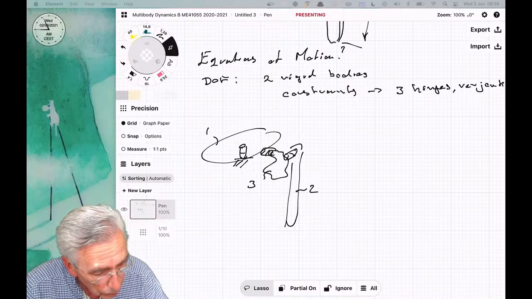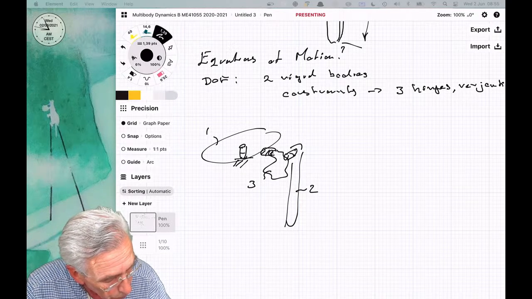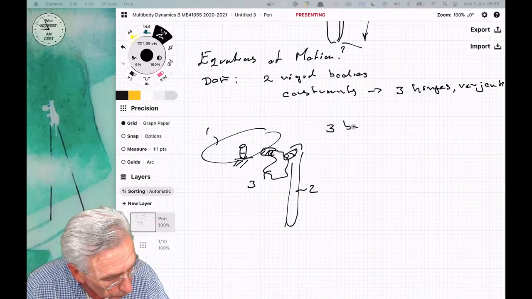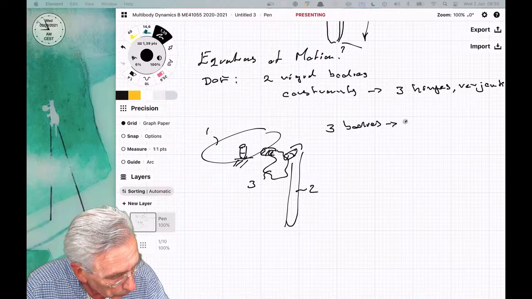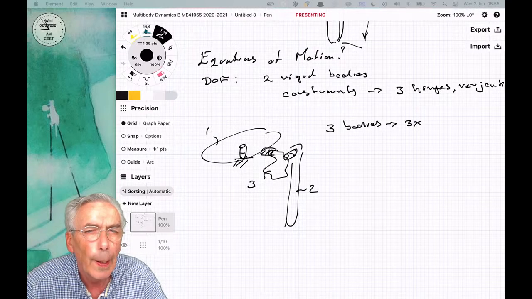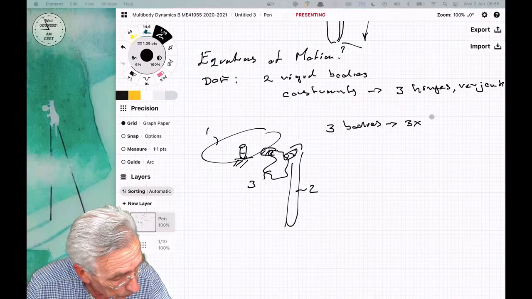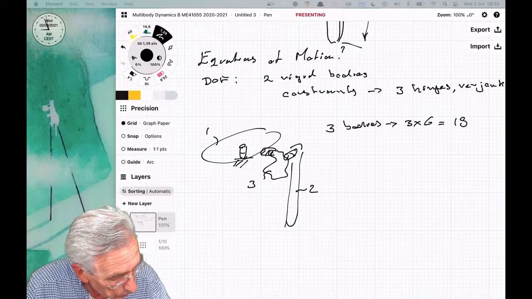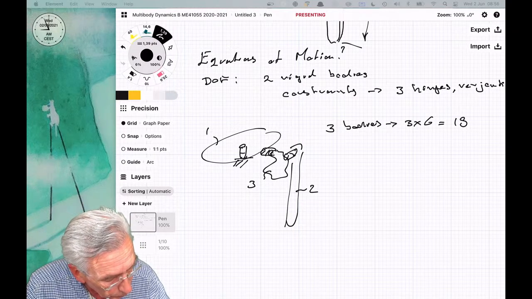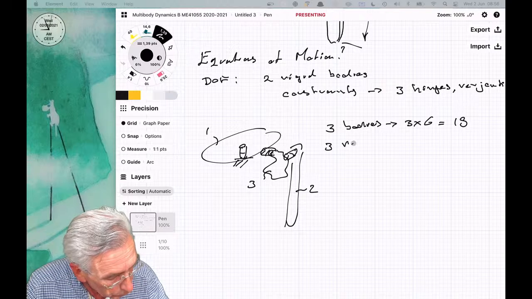Now we can do a simple counting, because we have 3 bodies, meaning we have 3 times 6 degrees of freedom. That's 18. And then we have 3 revolute joints.